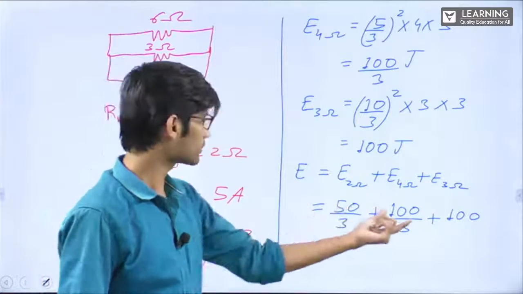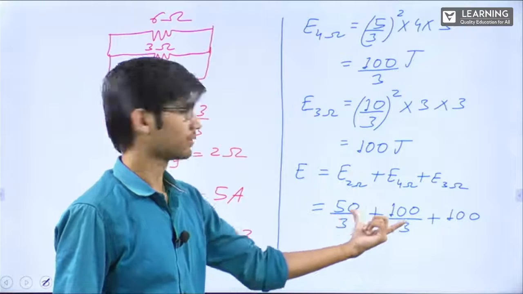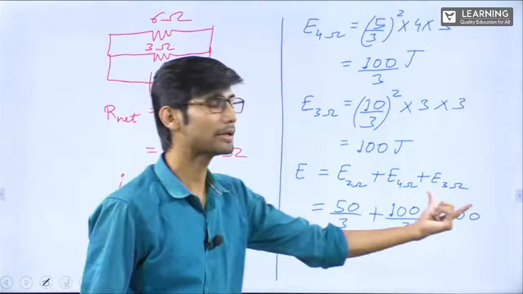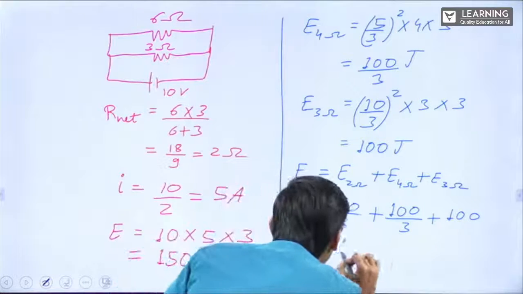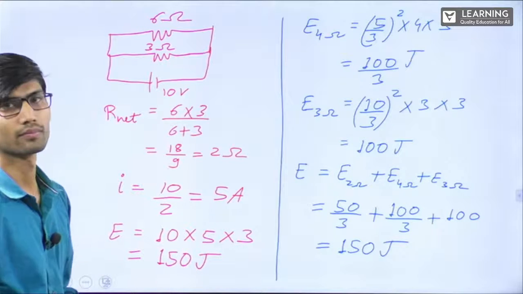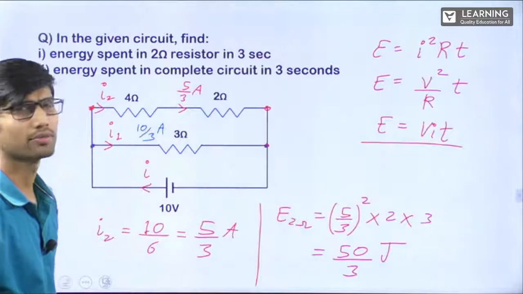Correct. So this is 150 by 3. 100 plus 50, 150 by 3. That is 50. 50 plus 100, 150. Same. Alright. So any which way you can do.